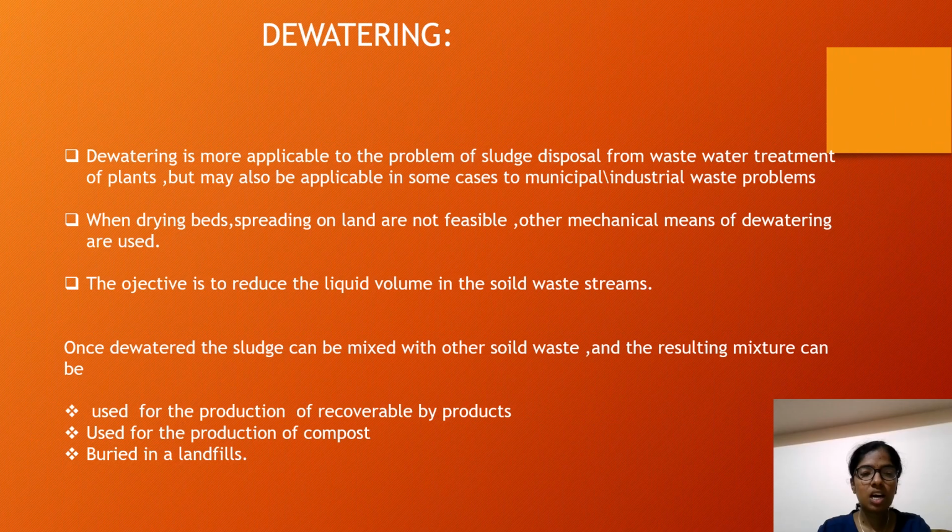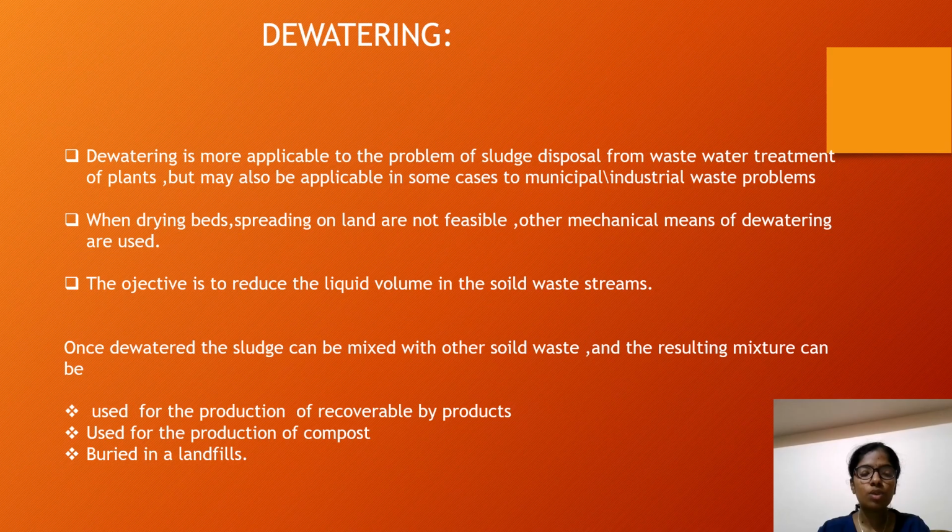Now let us discuss our last topic, dewatering. Dewatering is more applicable to the problem of sludge disposal from wastewater treatment plants, but may also be applicable in some cases to municipal and industrial waste problems. When drying beds spread on the land are not feasible, other mechanical means of dewatering are used.